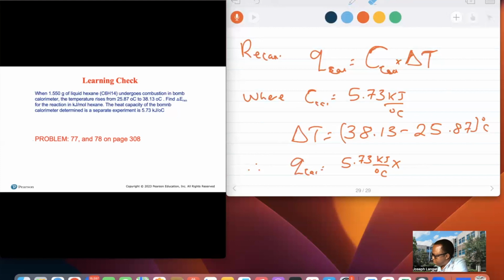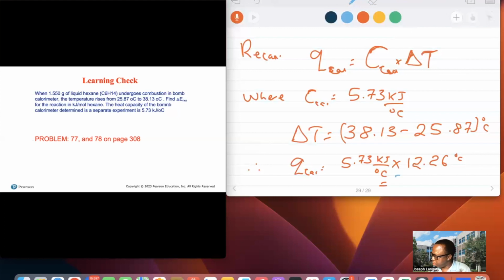Using my calculator, 38.13 minus 25.87, I have 12.26 degrees Celsius.